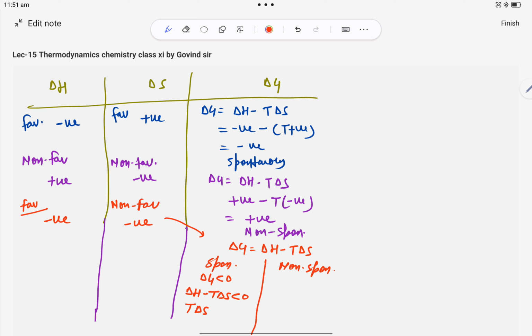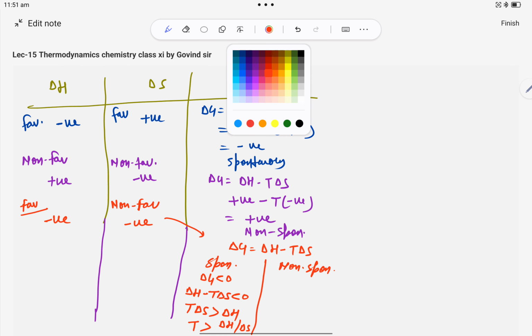T delta S is greater than delta H, so T is greater than delta H upon delta S. If the value of temperature is greater than delta H upon delta S, then it will be a spontaneous process.